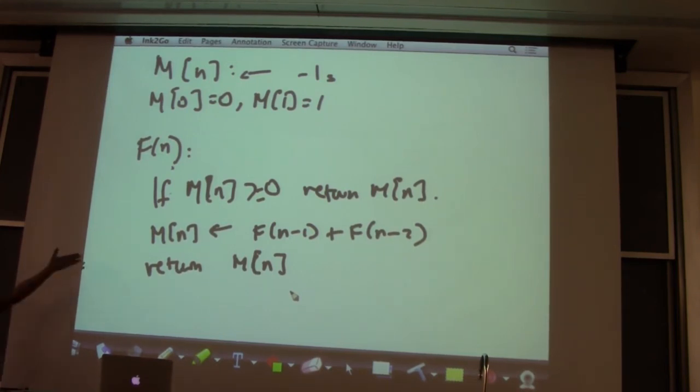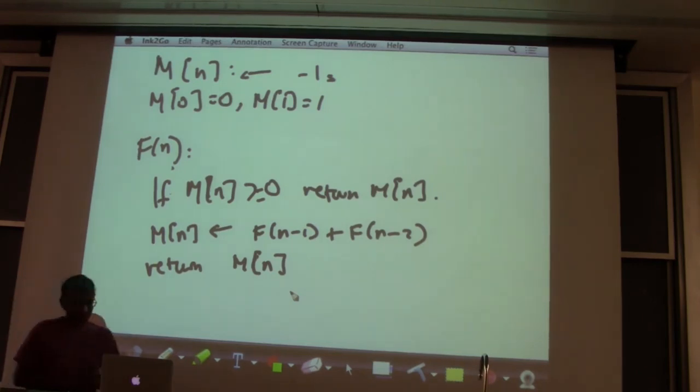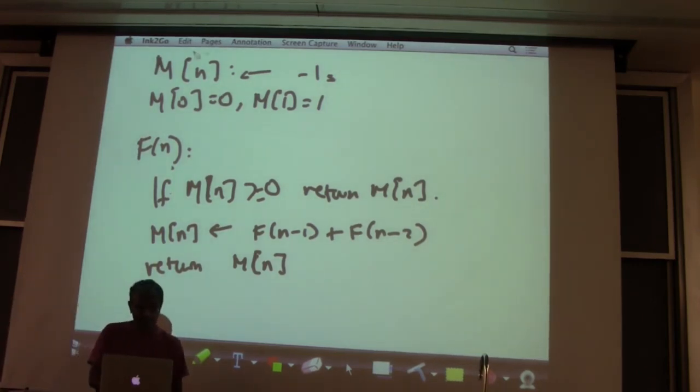And in fact, you could look at this and say, well, this is a rather silly way to implement the algorithm, because I can unroll the recursion entirely. Because what I'm going to do to compute f(n), my new method will say something like this.